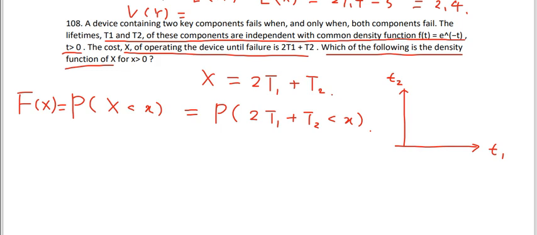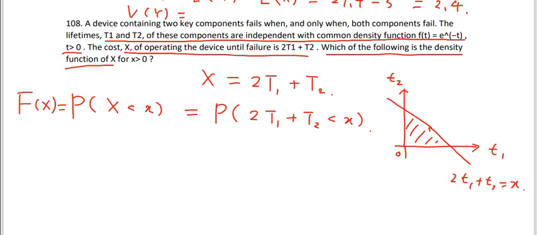Let's set it equal to x; this line is 2t1 plus t2 equals x. Here we just fix this x. So we need to find the probability for this part, right? So this is a triangle, here is 0.